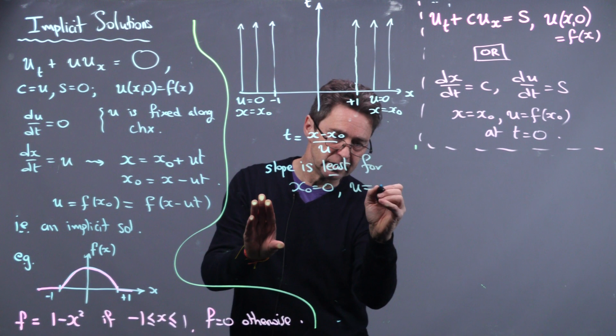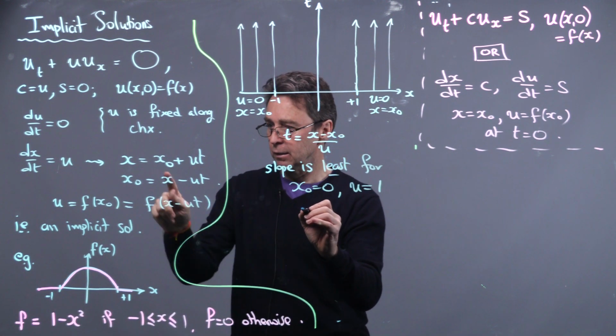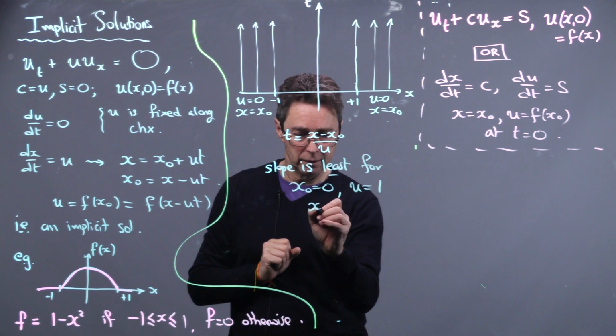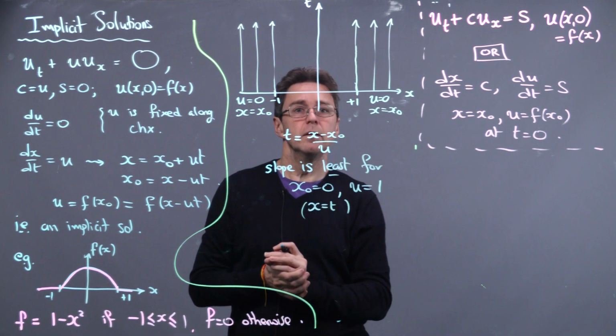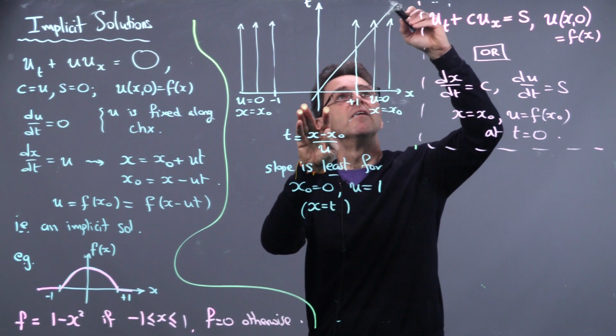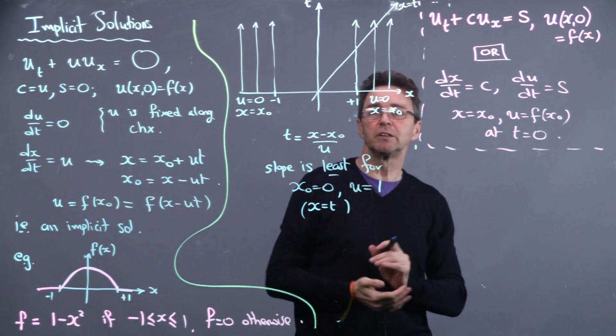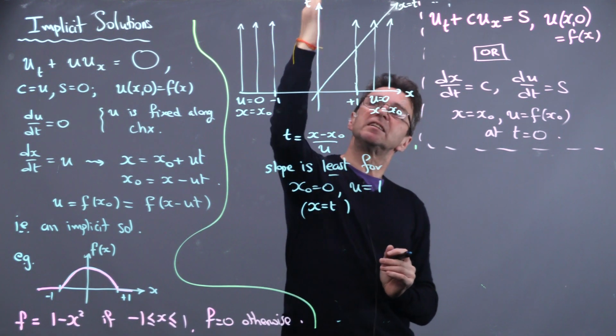That's when u is equal to 1. So that characteristic from there is going to be x is equal to t. All right, so there's a curve that's coming out here, which is x is equal to t. And that's the one that's most or least inclined.